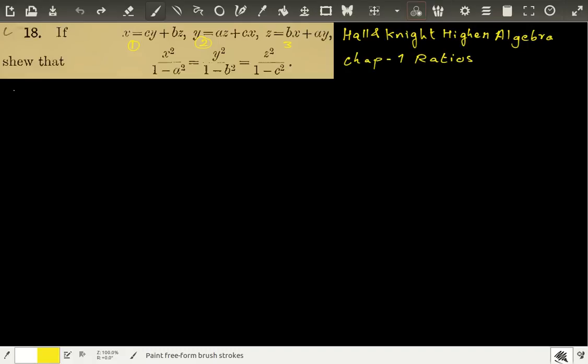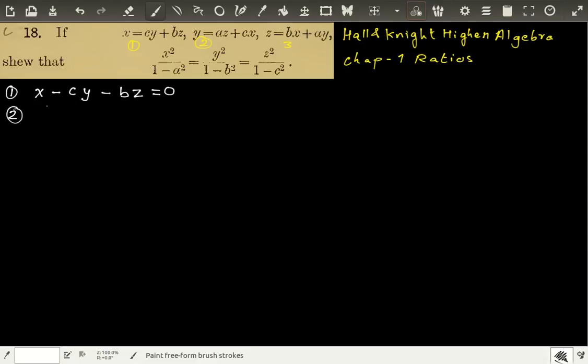So let us rewrite these equations. Equation number one is x minus cy minus bz is equal to 0.